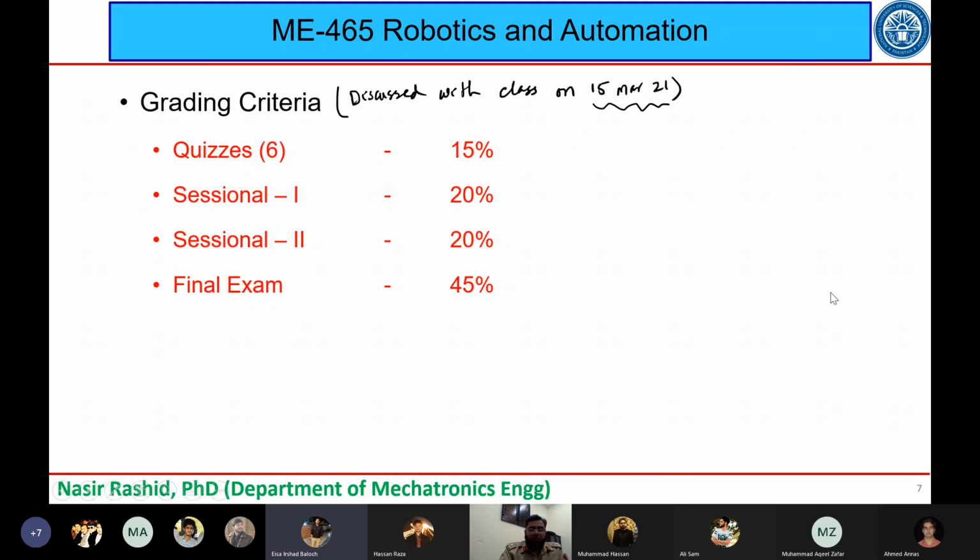Sir, should those in B register in A? Yes, those in syndicate B should register the robotics course in A. This is what I have told the quad, that please make only one class for this, so that I can put things only on one portal and it is accessible to all. I'll do that today, and I'll let the class senior Hassan know what the syndicate B people should do to register on the LMS portal.